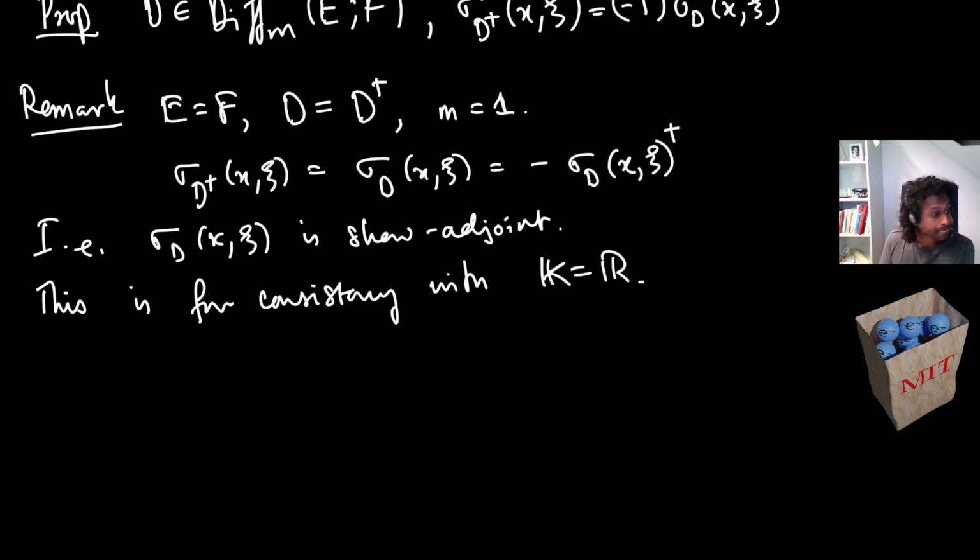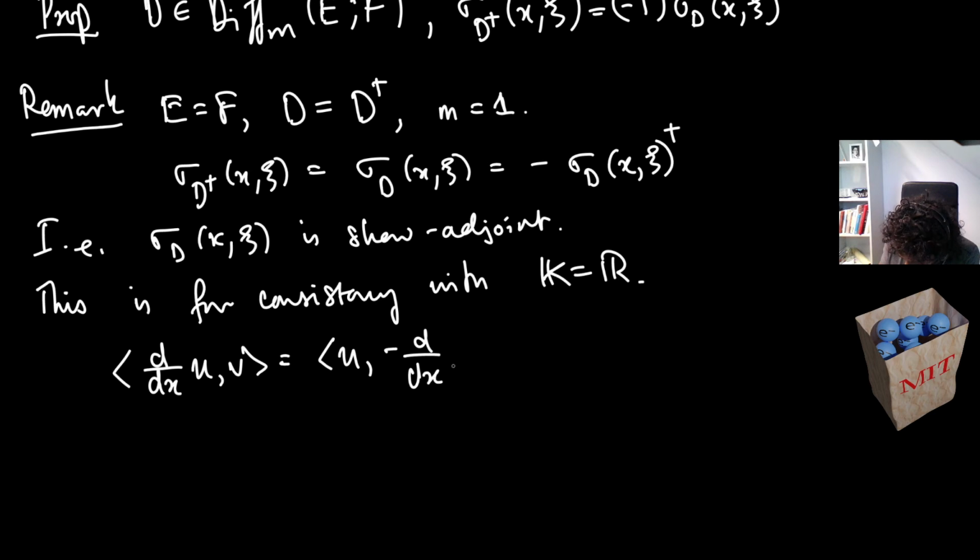Let's take the operator that we know and love, from one-dimensional analysis, d on dx: the integral of (du/dx) v is equal to the integral of u times negative d on dx of v, right? This is what we know, and this is for real valued things. And so what is the principal symbol of d on dx? Here the principal symbol is just psi itself, just a real number.